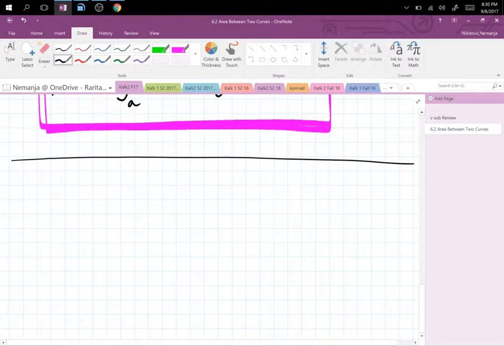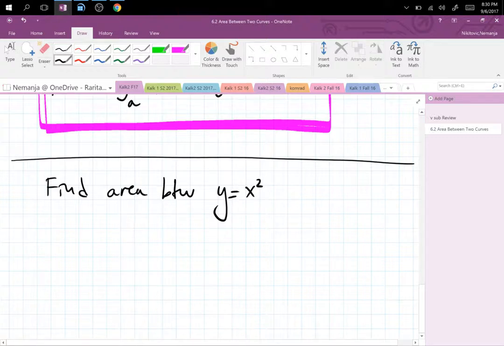Actually, no. We can make it nice. How about, find area between y equals negative x squared and y equals negative 4.